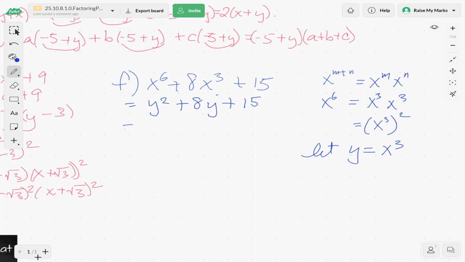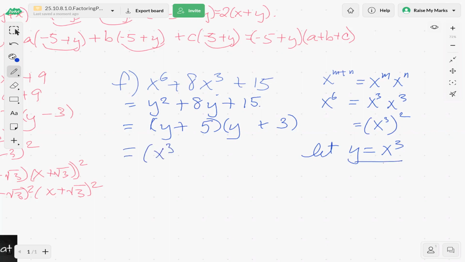Now we can factor this quite nicely. Okay. What are the factors of 15? 5 and 3, and when you add those together, you get 8. So y plus 5 times y plus 3 is the factorization of y squared plus 8y plus 15. But we know that y equals x cubed, so let's plug that in there.